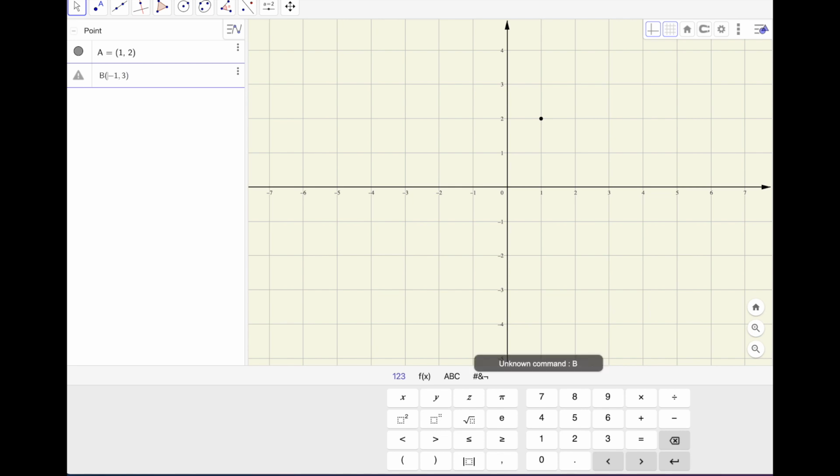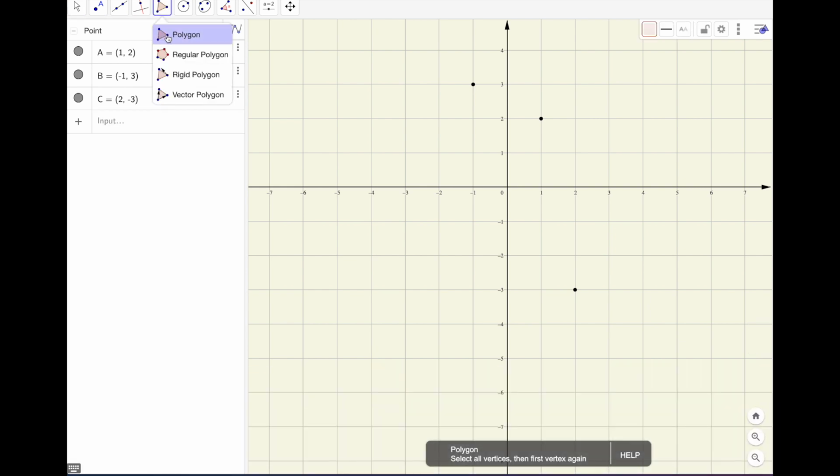Okay, I have to put equality. I'm not following the syntax. Okay, so this is that one, and then the other one is 2 and minus 3. So C is equal to 2 and minus 3. Yes, this is this, and I use this to make my triangle.